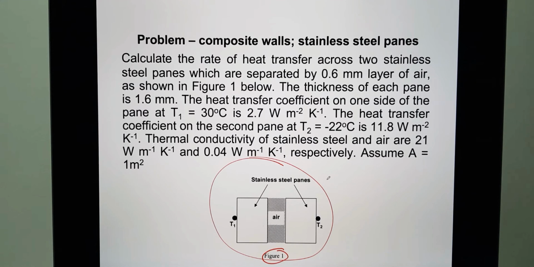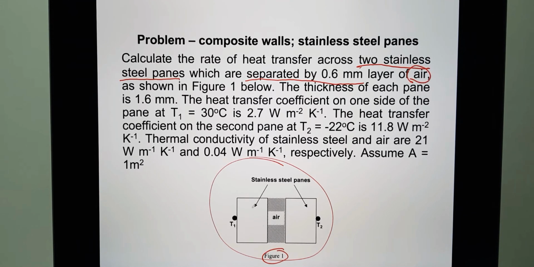Alright, so now please take a look at the problem statement. Okay, we have two stainless steel panes, and these panes are separated by 0.6 mm of air, as shown in this particular figure.